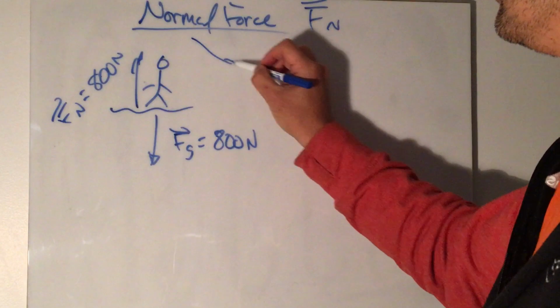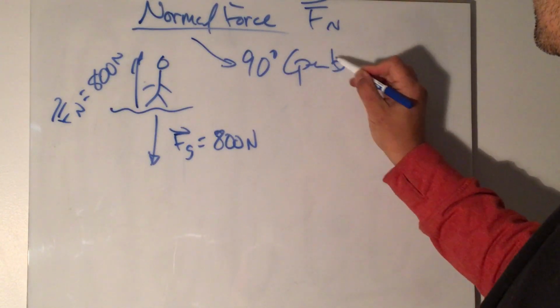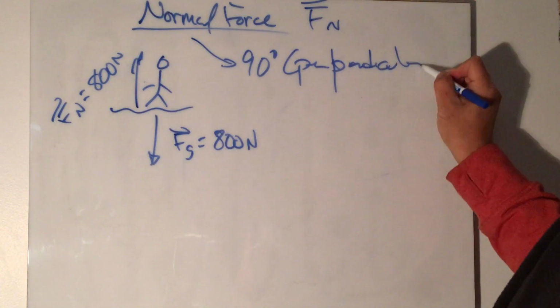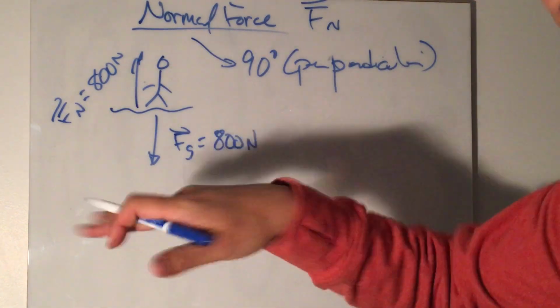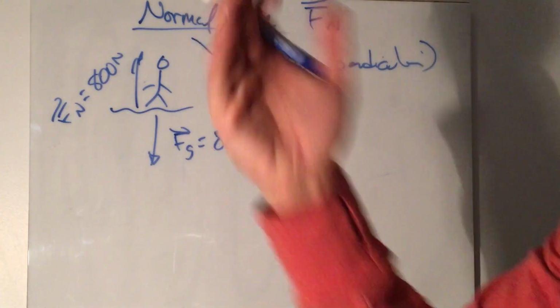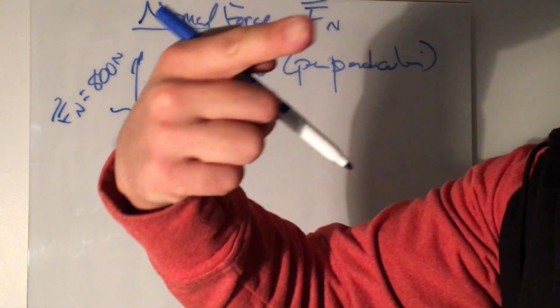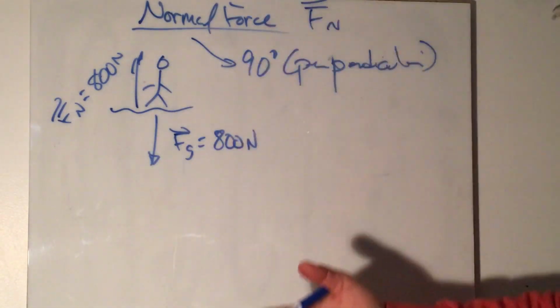Normal means 90 degrees, right? Perpendicular. So perpendicular to the ground that I'm on. So if I'm standing on the ground, the force is going this way. If I'm standing on the wall, the force would be going this way, right? Perpendicular to the ground or the surface.